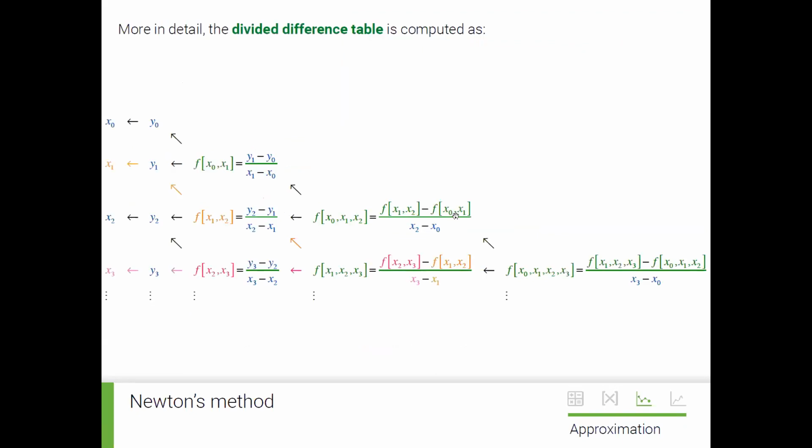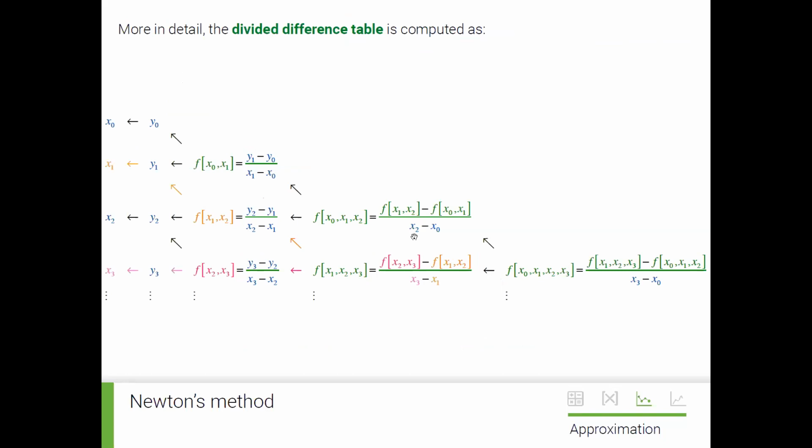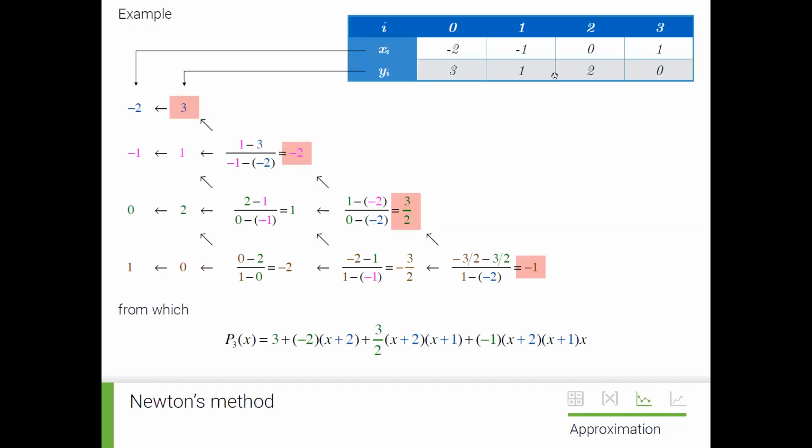And now this is 1 minus the previous one, 1 minus -2, over x2 minus x0, which is 0 minus -2. So it equals 3 over 2.